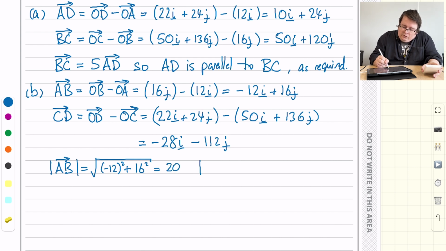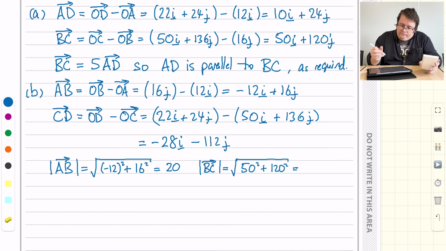We need the length of BC, which is the square root of 50 squared plus 120 squared. That is 16900, and the square root of that is 130.